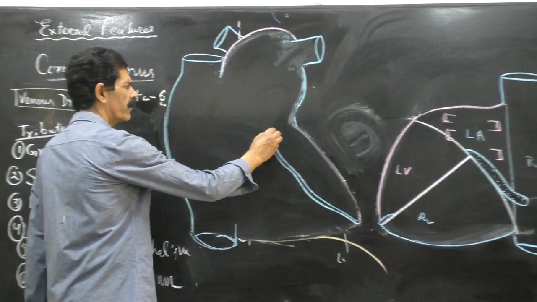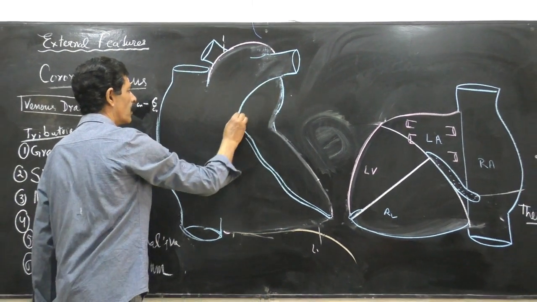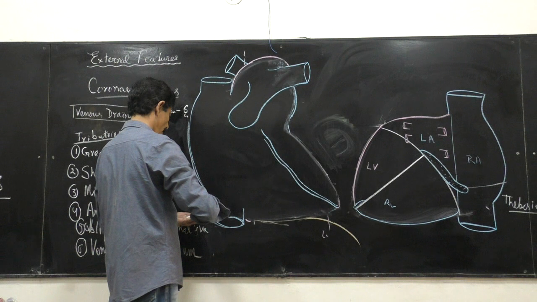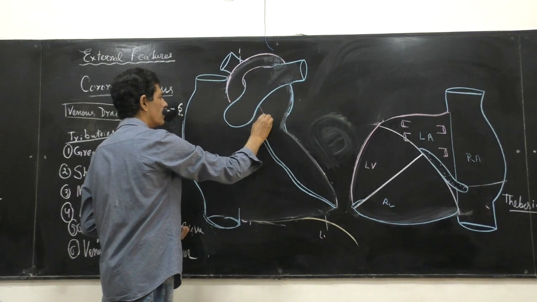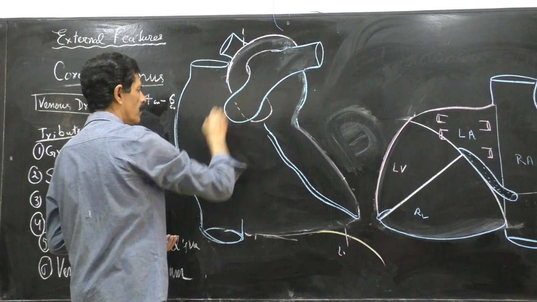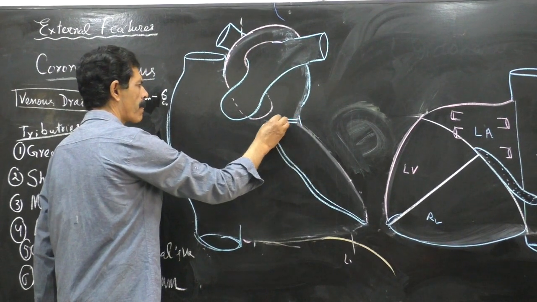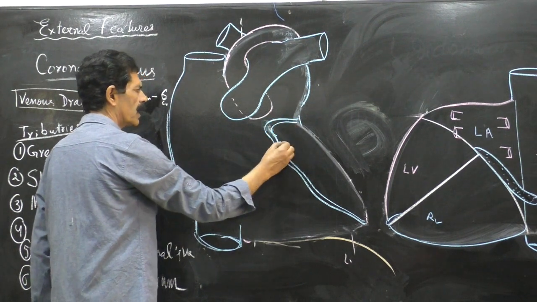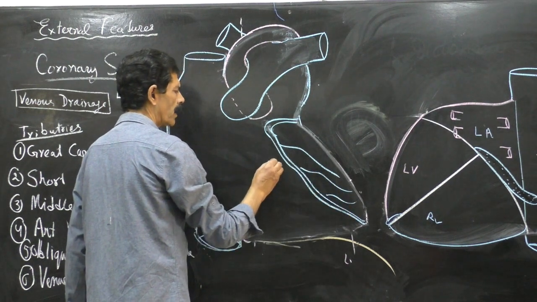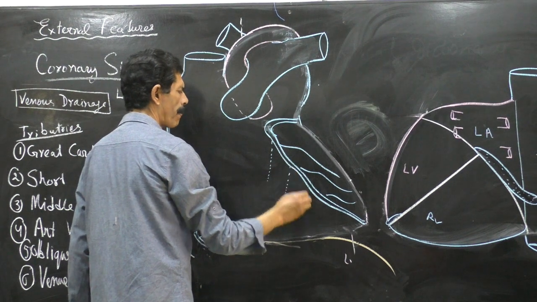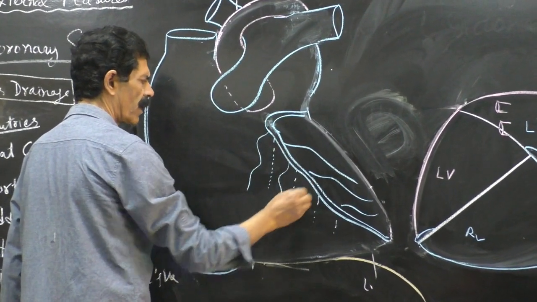And then this vein, when reaching the root of the pulmonary trunk, diverts towards the left side, the left border of the heart, collecting the blood from the left ventricle, the upper two-thirds of the interventricular septum, and from the right ventricle as well.